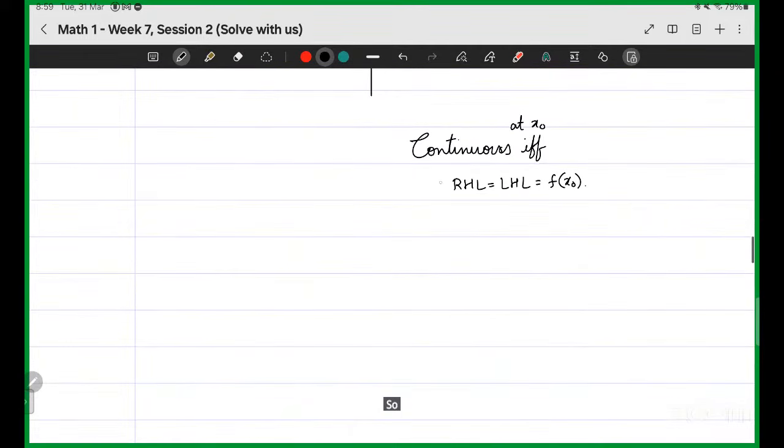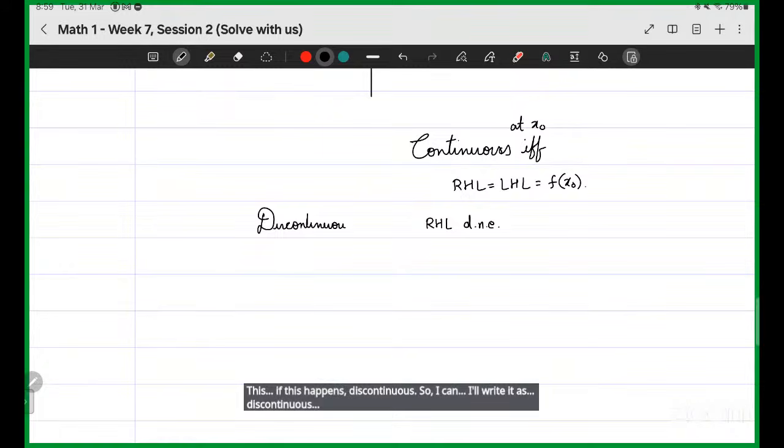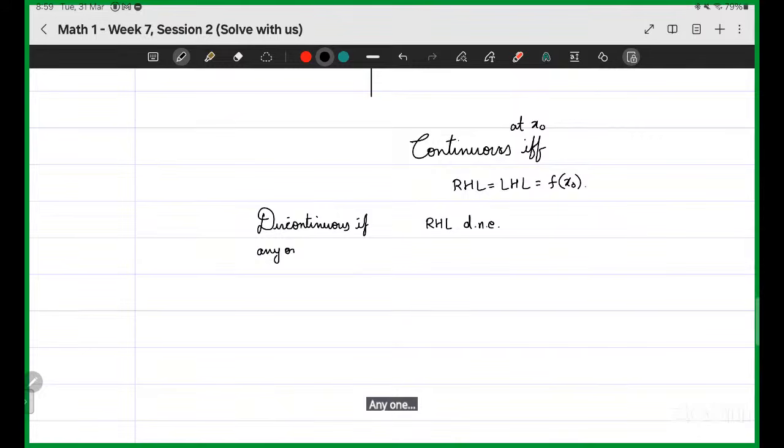If RHL does not exist, I'll write it as DNE. If this happens, it fails. Discontinuous if any one of the following.